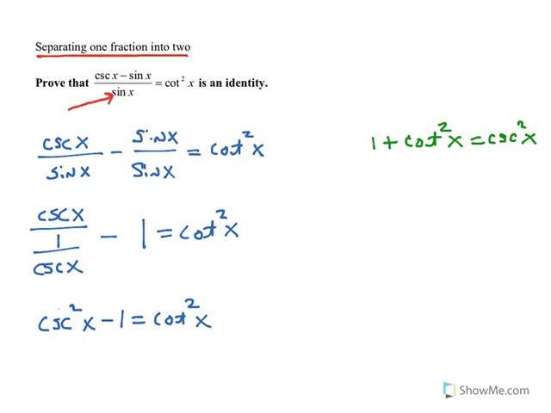And if we rewrite this, if we brought our 1 to the other side, it would read cotangent squared is equal to cosecant squared minus 1, which is what we have on our left-hand side. So cosecant squared minus 1 can be replaced with a cotangent squared.